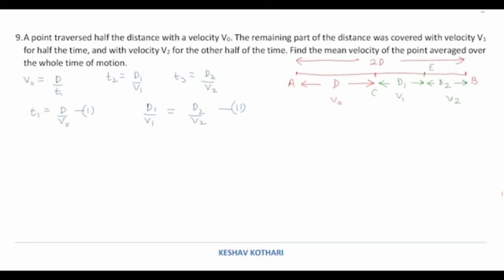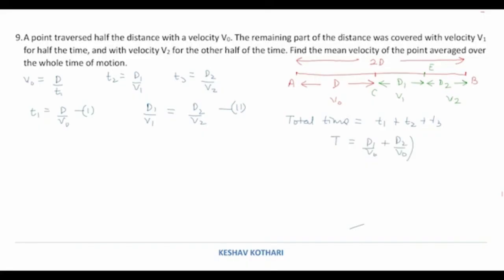So from here we can say that the total time can be written as T1 plus T2 plus T3, which we write as capital T equals d1 by v0 plus d2 by v0.